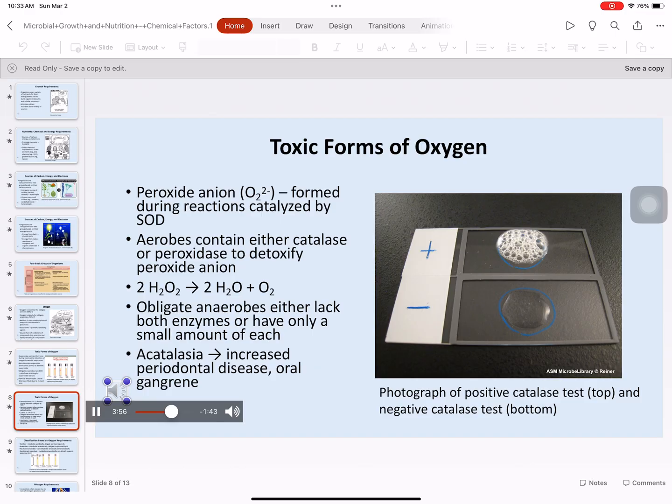Or we do pressure canning, but where I'm going with this is that it is very, very important that we pressure can low acid foods very carefully, because if we're not careful, then we're creating the perfect conditions to grow Clostridium botulinum.